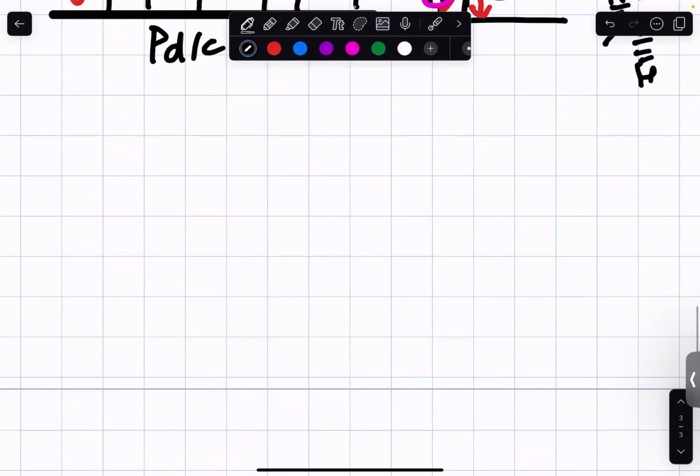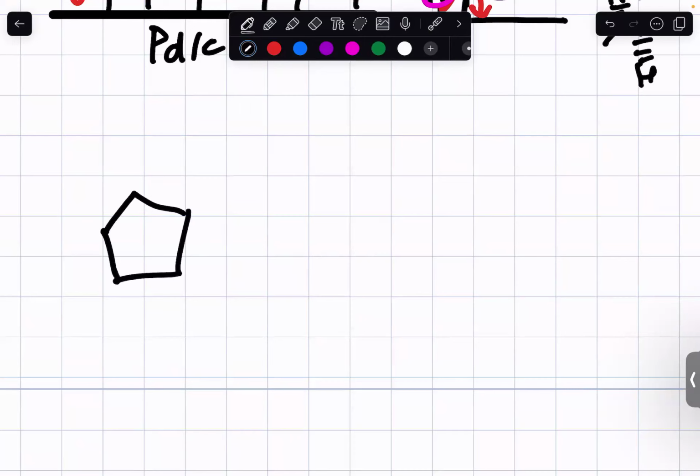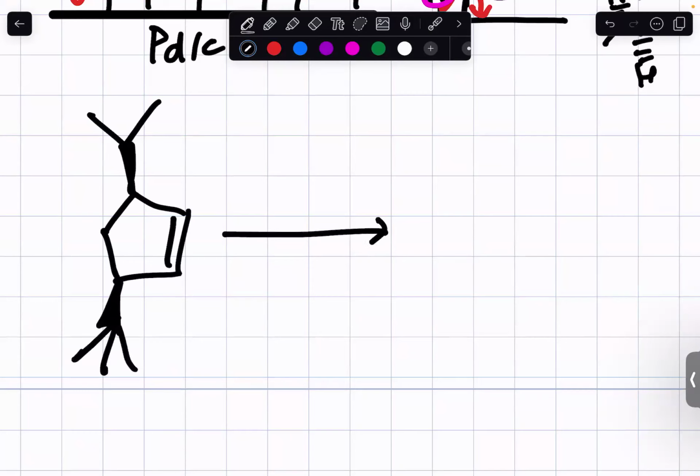And also, it will add onto the less sterically hindered side as well. So let's say we have something like this, an alkene here, this R group there, and another R group right here. And we put this through D2, PDC. D here is just an isotope of hydrogen.